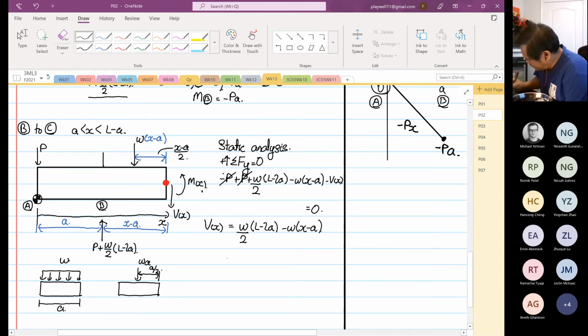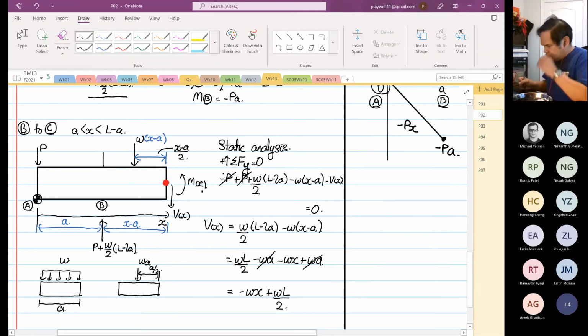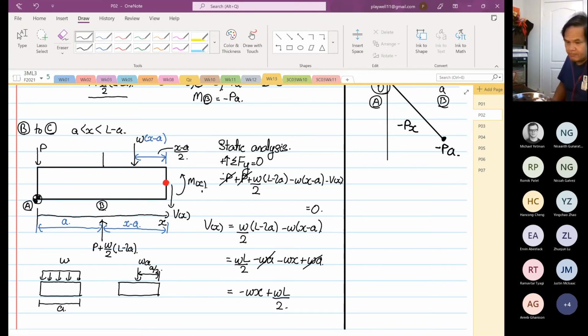So you remove the bracket: omega L over 2 minus omega a minus omega x plus omega a. You get rid of these two terms over here. So you have minus omega x plus omega L over 2. So that is your equation for your shear force diagram. And the limits is from A to L minus A.